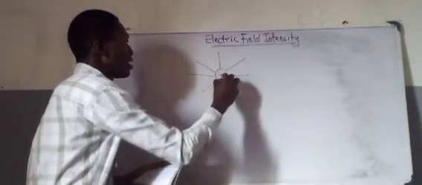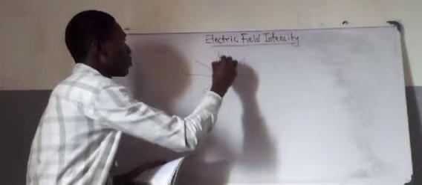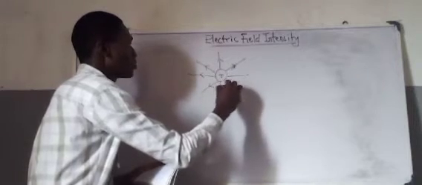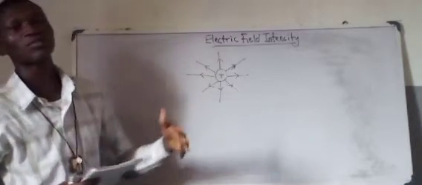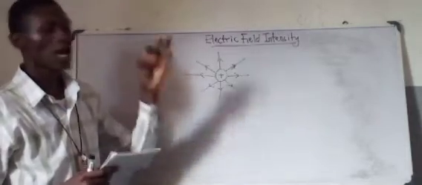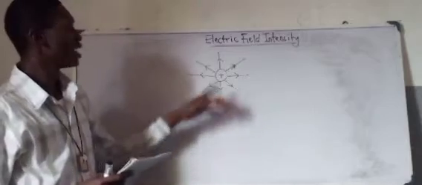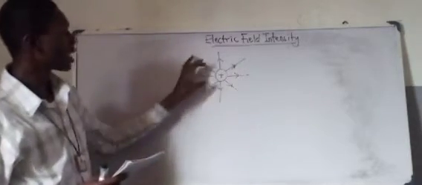Usually, the electric field is represented by what we call lines of force. These lines of force actually show the direction of the field. And for instance, if we were to bring a test charge into this field, if we allow the charge to move, it will move in the direction of the field.